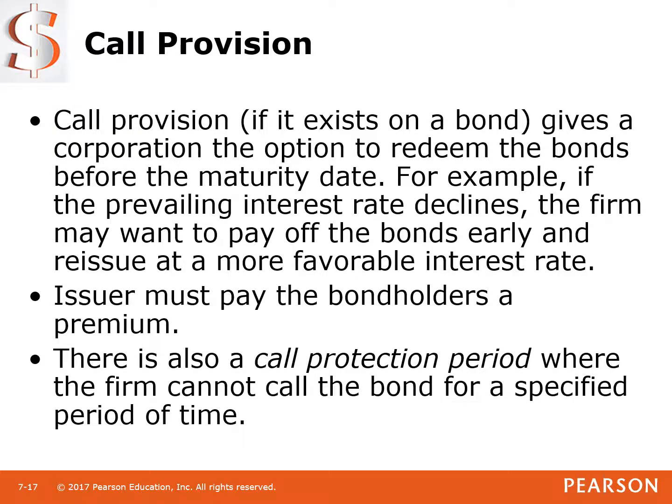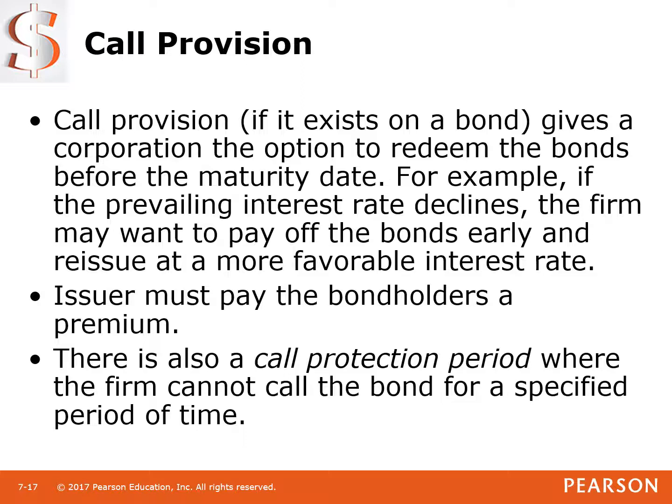Now remember, we talked about convertible bonds, or sometimes this applies to convertible, but it also is what a bond could be called. And it has to be within the bond certificate. So this call provision must be stated in the contract. And what is it?